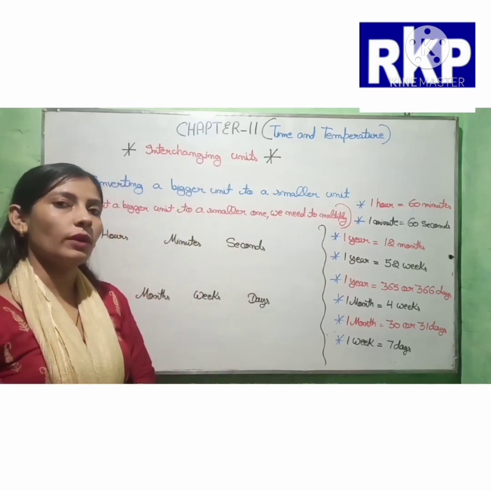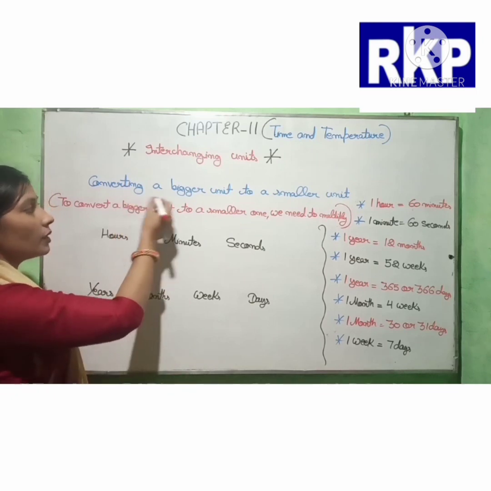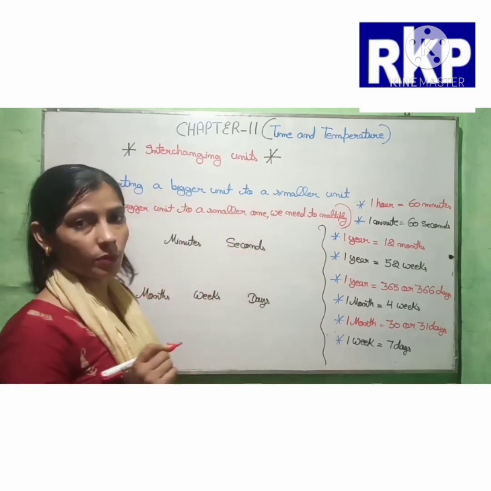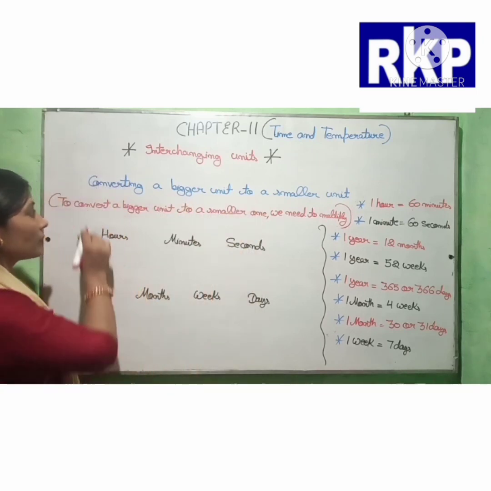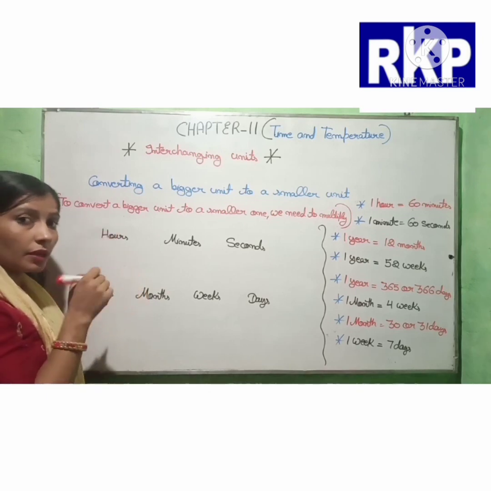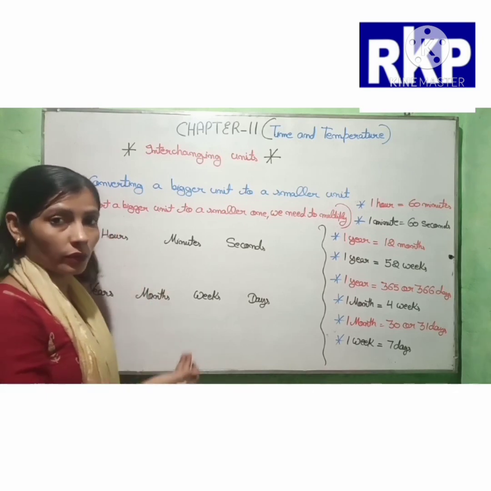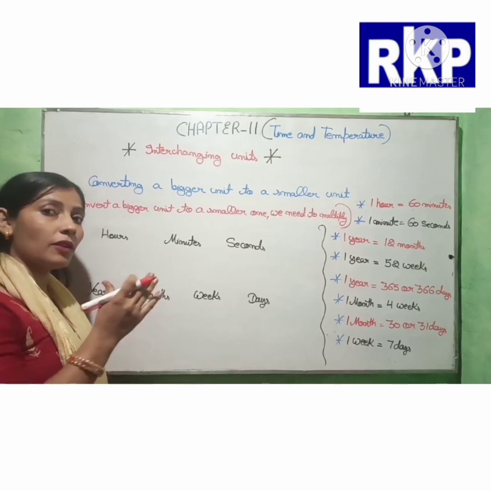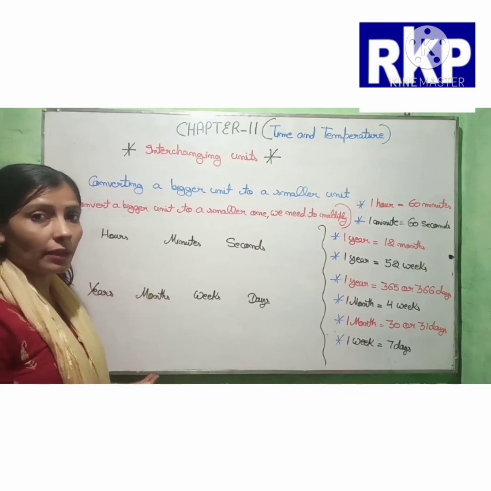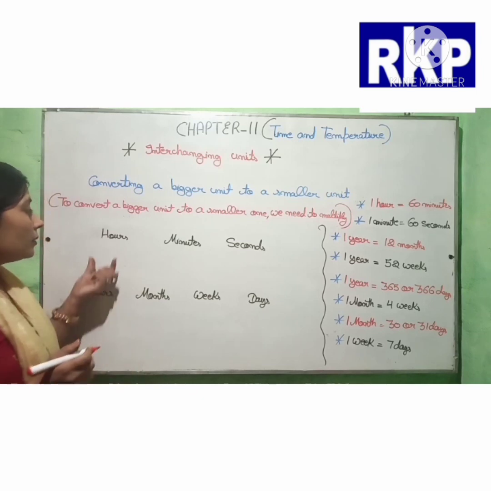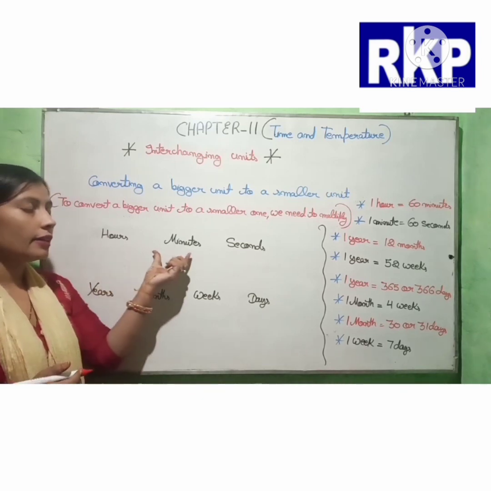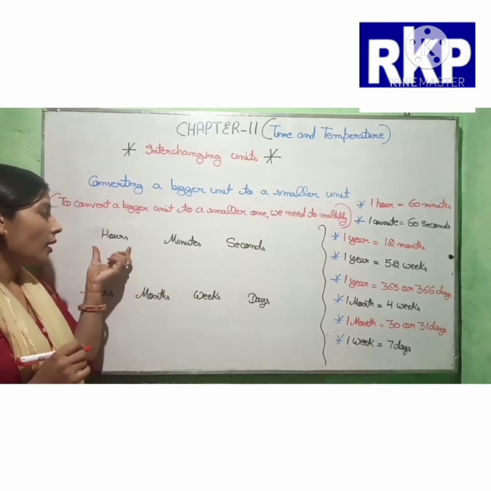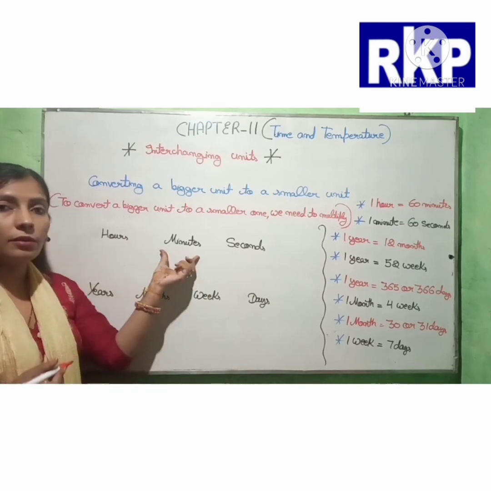Okay, first of all, let us see how can we convert a bigger unit into a smaller unit. Okay, students, when we convert a bigger unit into smaller unit, then we need to multiply. Okay, but by which number we need to multiply? Let us see. Here we have hours and here minutes. We know hours is greater than minutes.